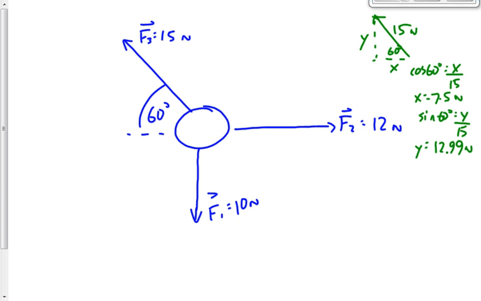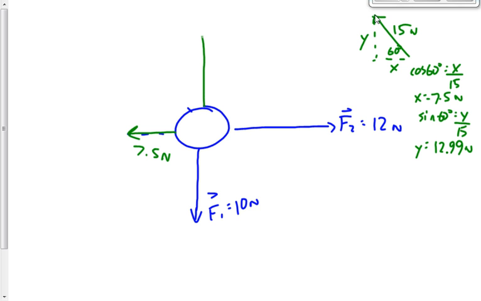So far, so good? We want to get rid of that funny angle, so we turn it into an x and a y. If we really wanted to, we could replace that with a 7.5 newton force this way and a 12.99 force this way. That would be the same thing, wouldn't it? And now we don't have any funny angles.